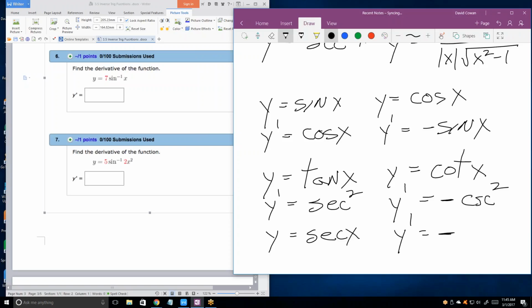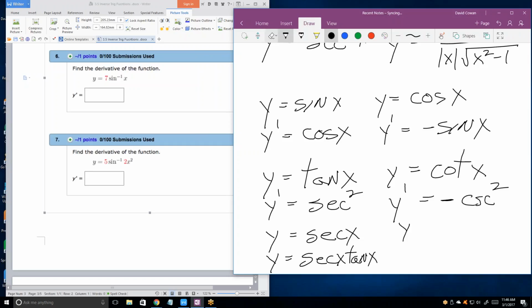If the derivative of secant x is secant x tangent x, then the derivative of the cofunction... I'm trying to put this in an orderly format so it gives you a much easier way of memorizing these.